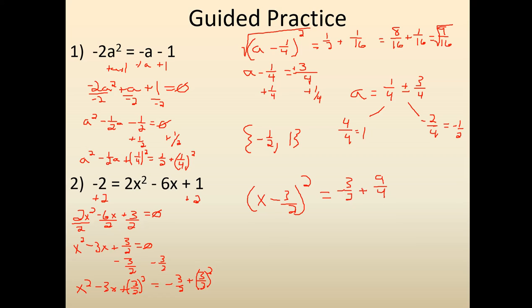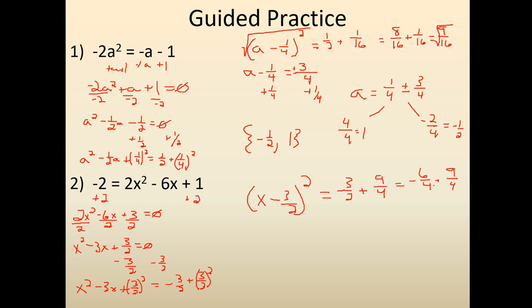So I get minus 3 halves plus 9 over 4. I'm going to simplify this. So 3 halves, I have to get these the same base if I want to add these fractions. So I have to multiply the top and bottom by 2, get negative 6 over 4 plus 9 over 4.